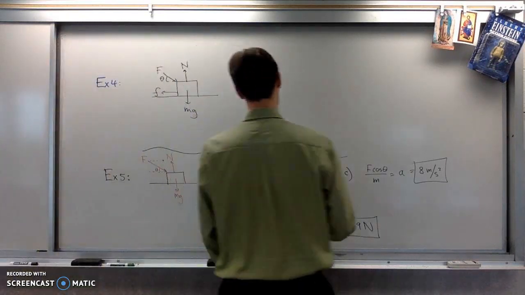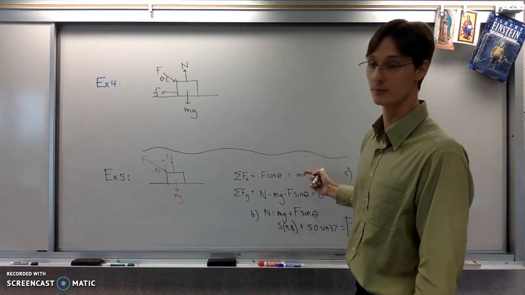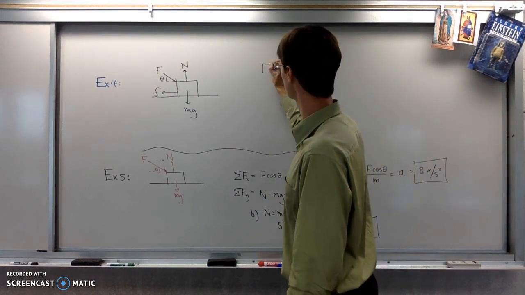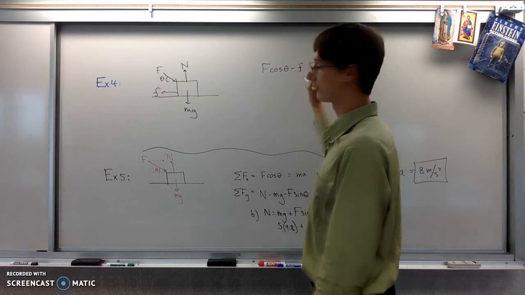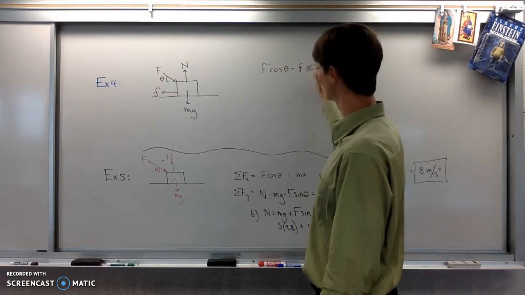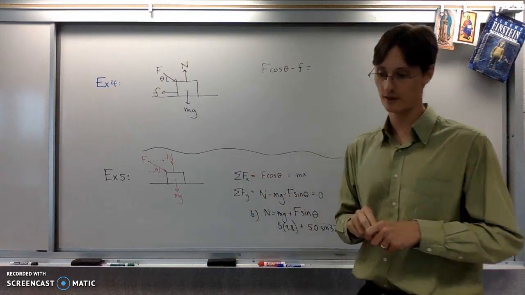And our x equation is going to be a little bit different. It's going to be F cosine theta minus the friction force equals, well, now let's read the question.